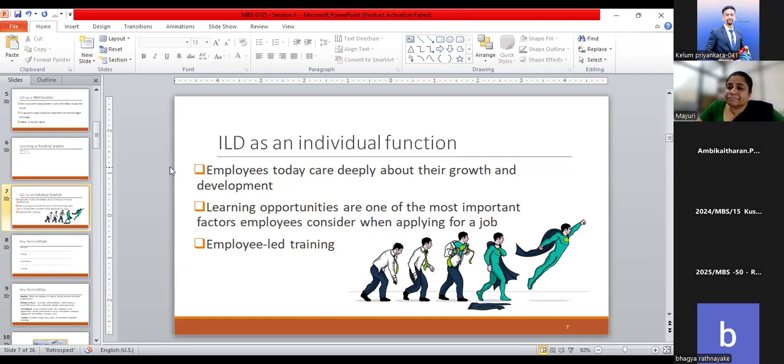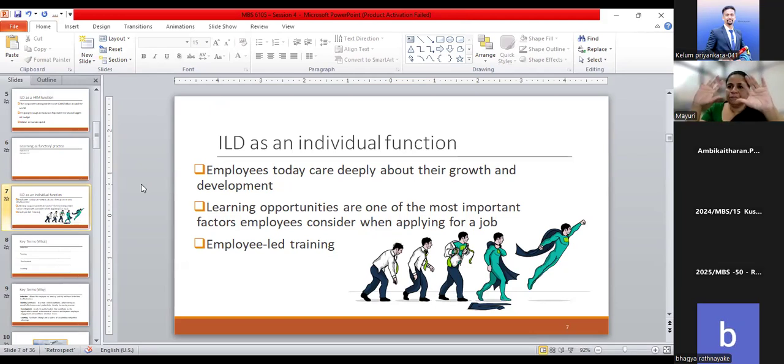The individual is responsible for how you use these available opportunities. So that we call employee-led training, right? Employee-led training.